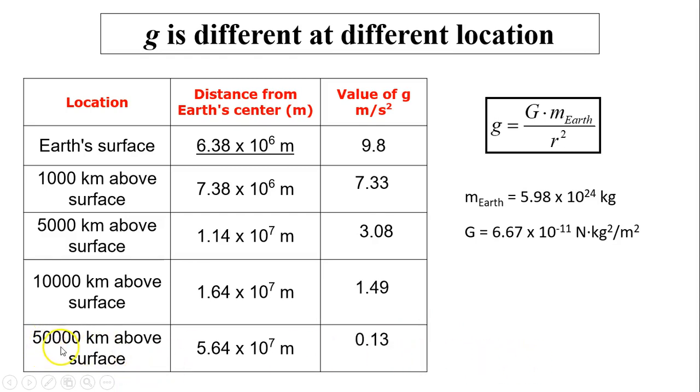As you can see, 50,000 kilometers above the surface. In this case, the r has to add to the surface, so this value is already added. It's 50,000 kilometers plus 6.38 times 10 to the 6 meters equals 5.64 times 10 to the 7 meters. So this distance is the two added together.